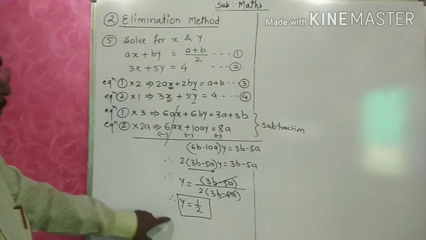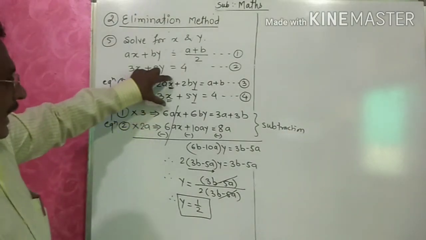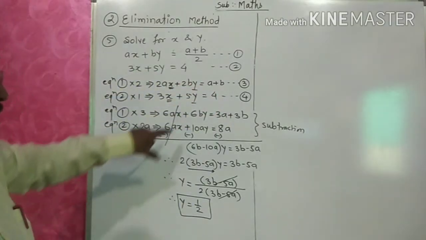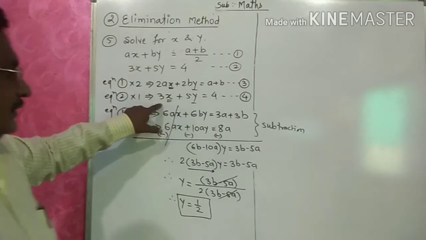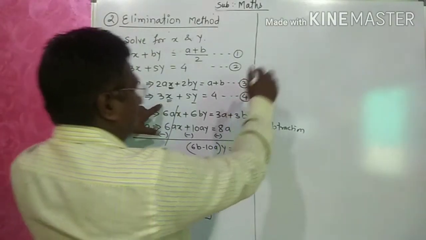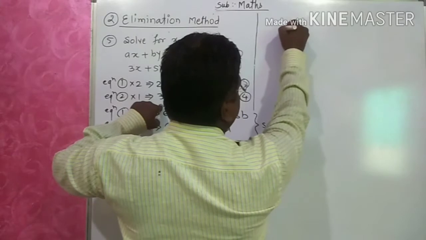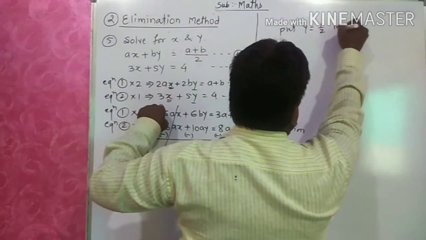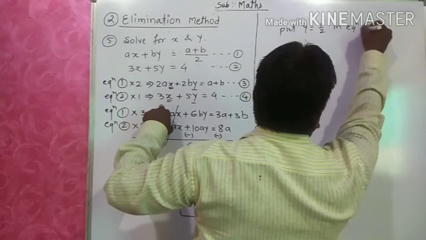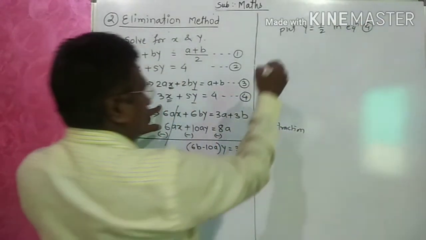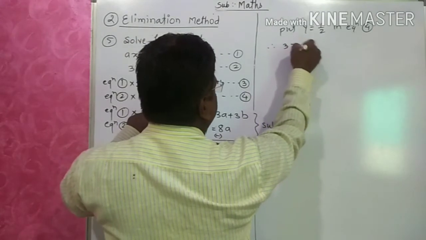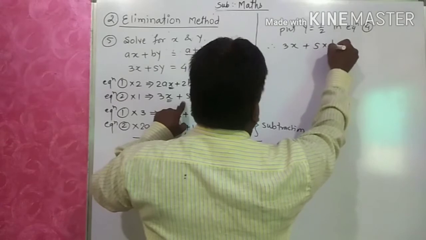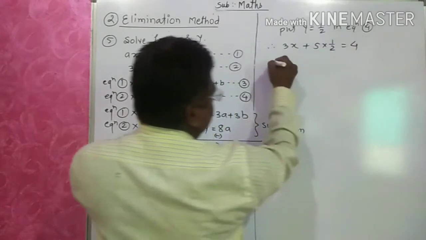Now this value has to be substituted in any one of the equations, 3 or 4. We substitute in equation 4. Put y equals 1 by 2 in equation 4. We get 3x plus 5 into 1 by 2 equals 4.